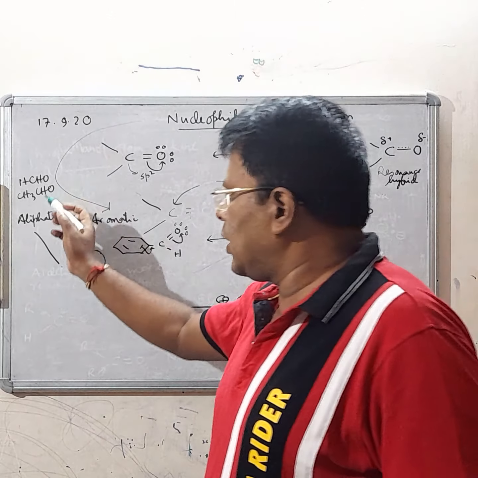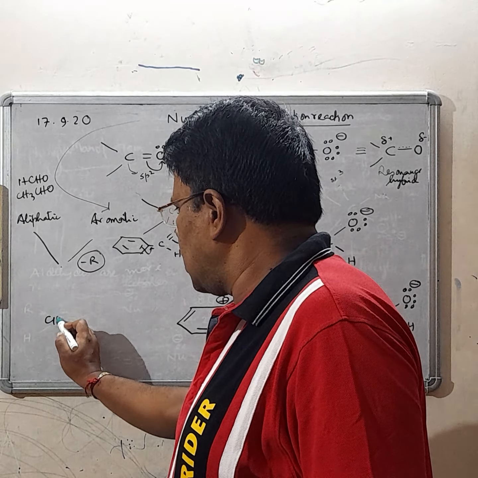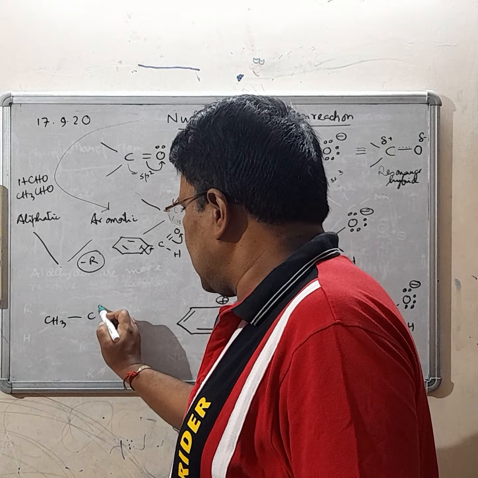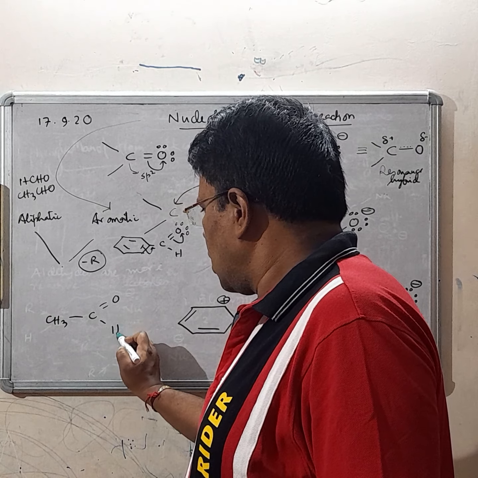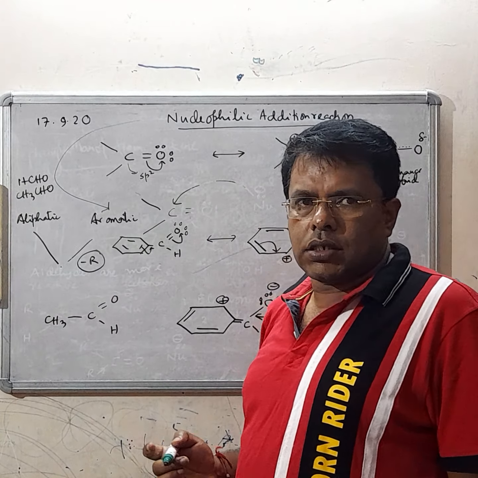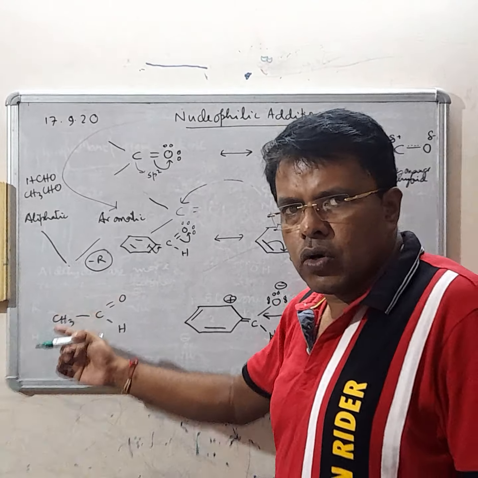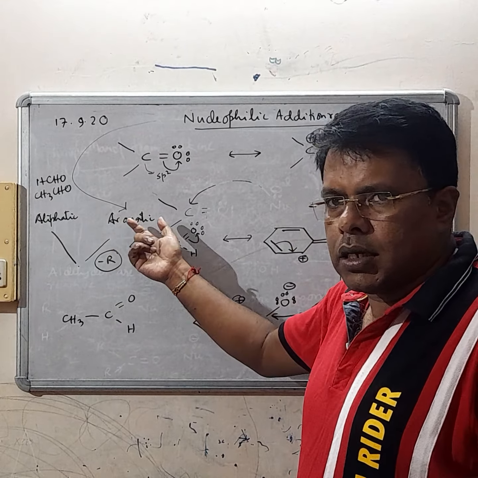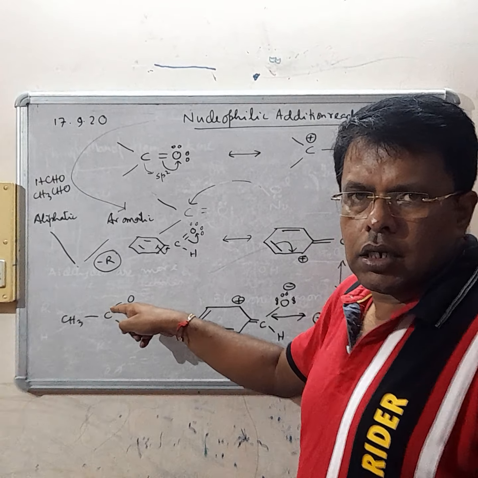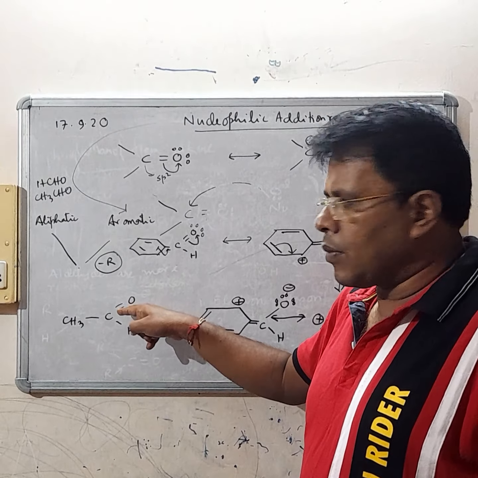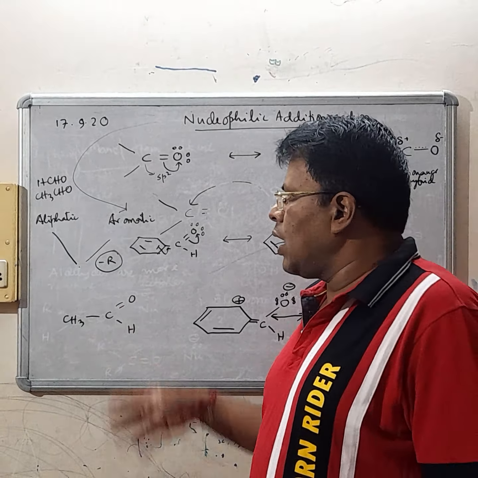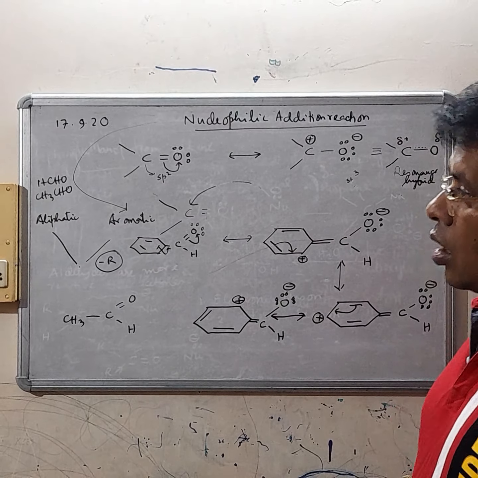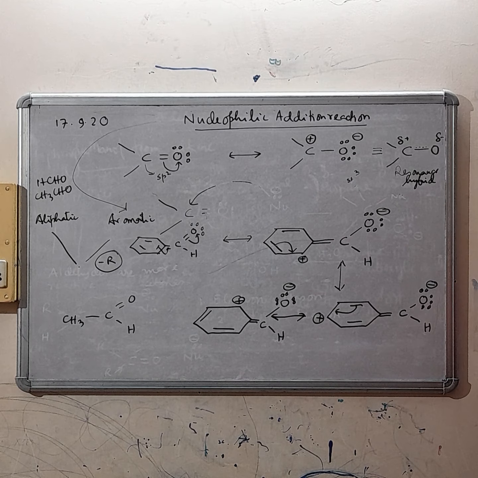Whereas in the case of aliphatic aldehyde, say this one, there is no resonance, and that's why such a decrease in positive charge is not happening. That is the reason why aliphatic aldehydes are more reactive than aromatic aldehydes.